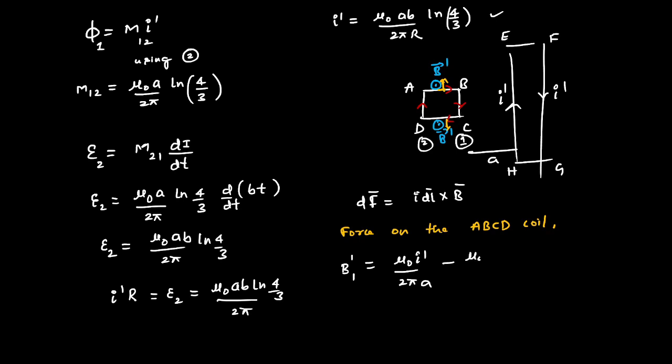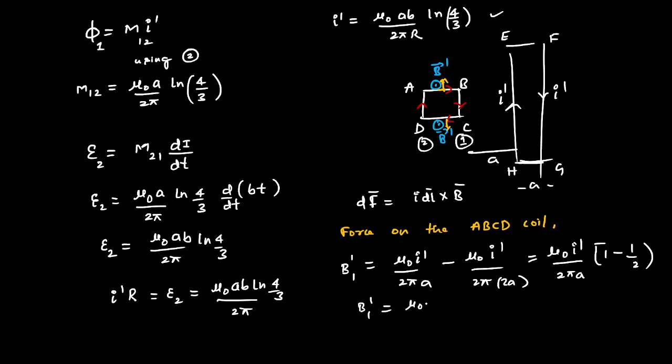It is minus mu naught I dash divided by 2 pi times the overall distance, which would be A, and the distance from G to H is also A. So it turns out to be 2A. So mu naught I dash divided by 2 pi A times 1 minus 1 by 2. So B1 dash is going to be mu naught I dash divided by 2 pi A times 1 by 2, so basically it is mu naught I dash divided by 4 pi A.